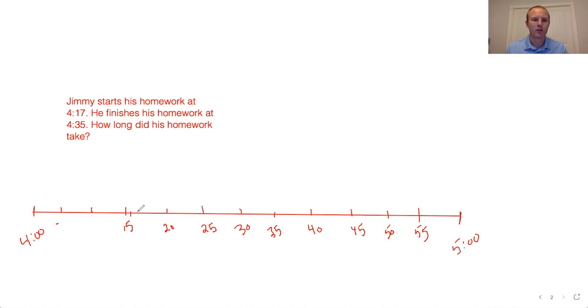So 4:15, 16, 17, 18, and 19. I'm going to put a mark right there as my starting point, 4:17. Now I'm going to go find my ending point, which is 4:35. It's right here. That's my ending point, 4:35. I'm not sure why that came out as a line there.